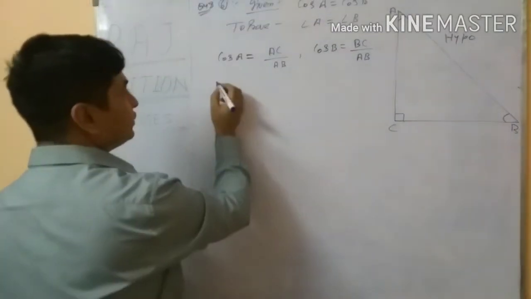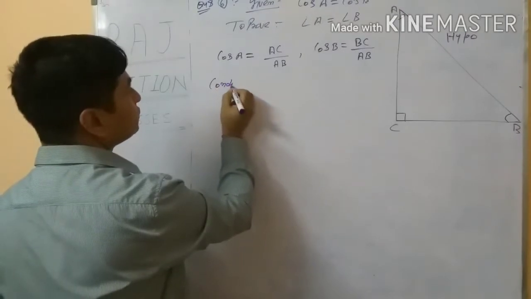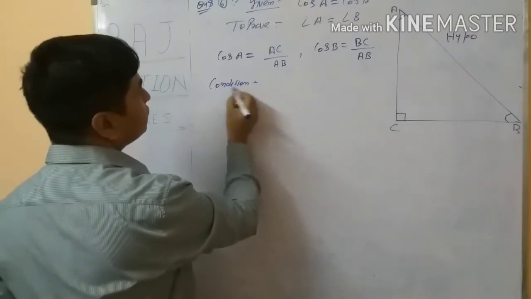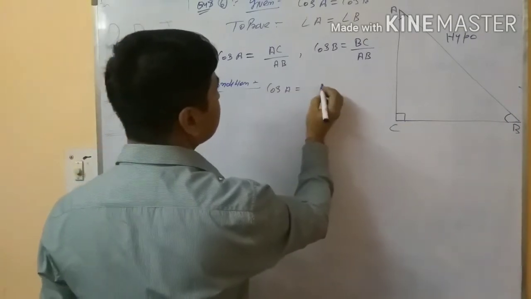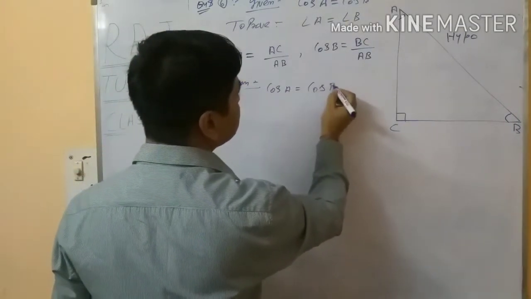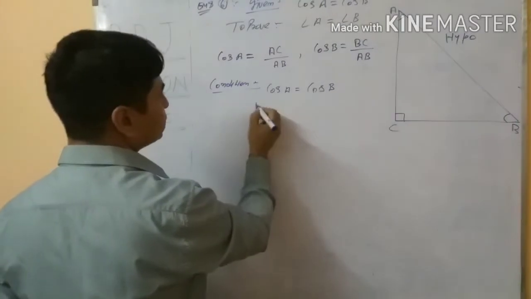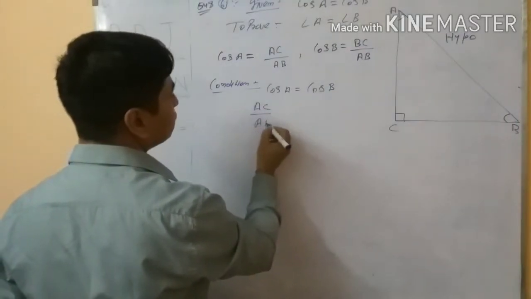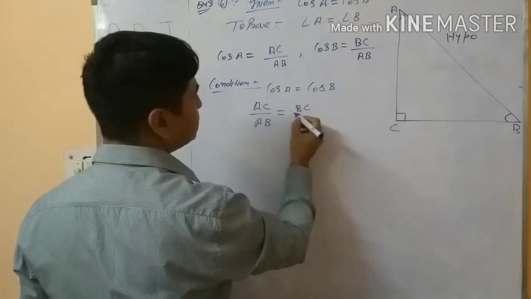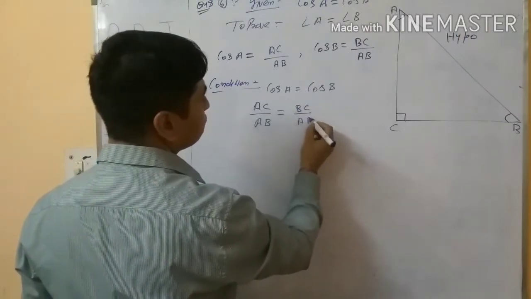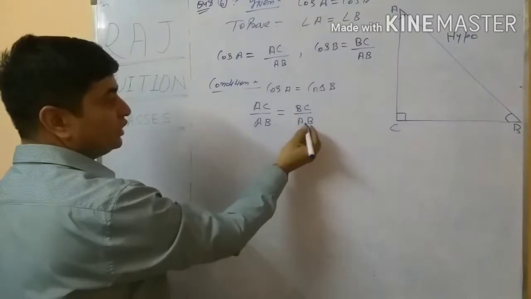And what is given? The condition is cos A equals cos B. So cos A equals AC upon AB and cos B equals BC upon AB. So these things are equal.